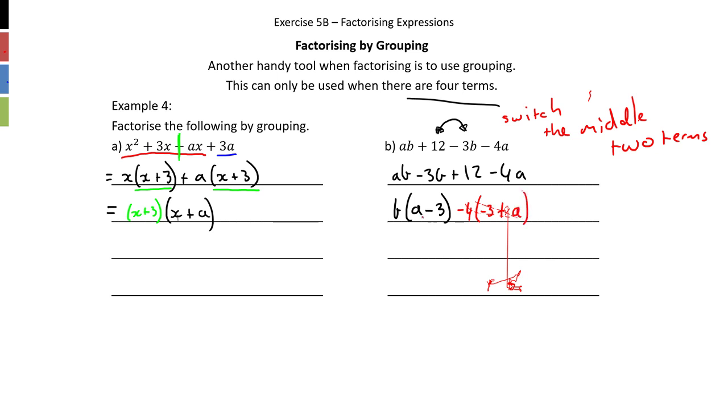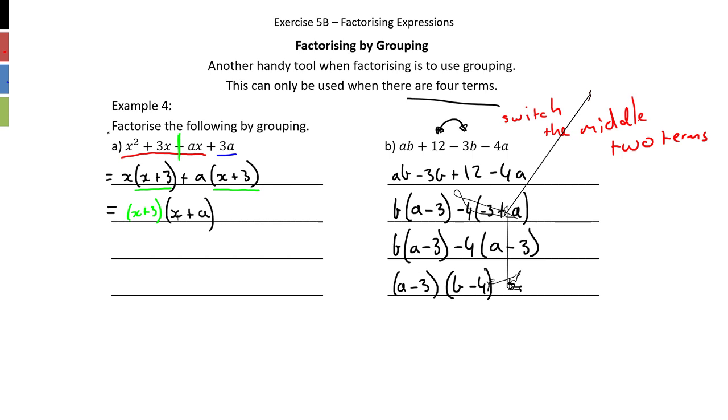Now a minus 3, negative 3 plus a, we can write that as a minus 3. Negative 4 times a minus 3. Now we have a common factor here, a minus 3 in brackets, so we can take that out. And then we have b minus 4. Our solution.